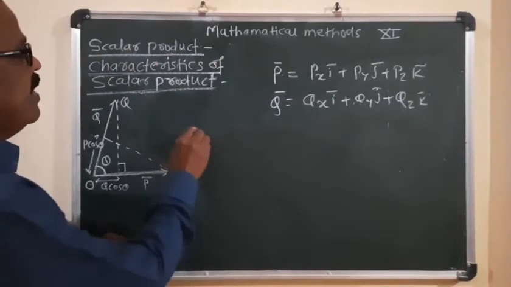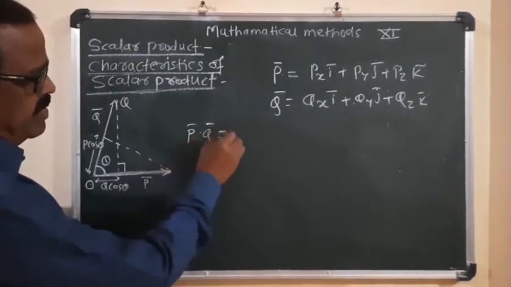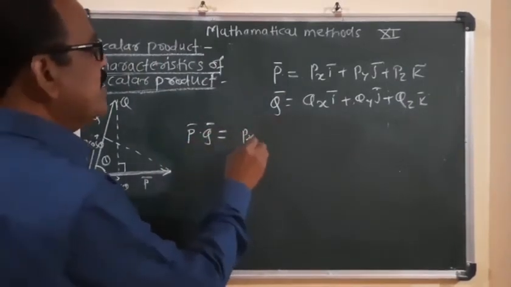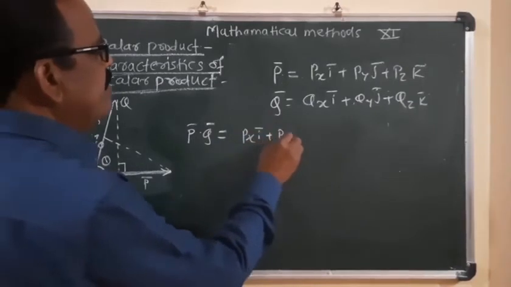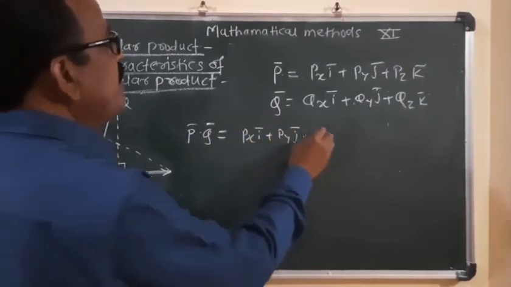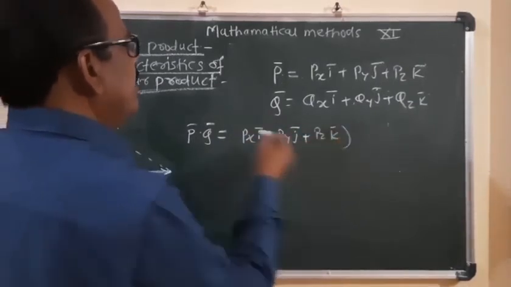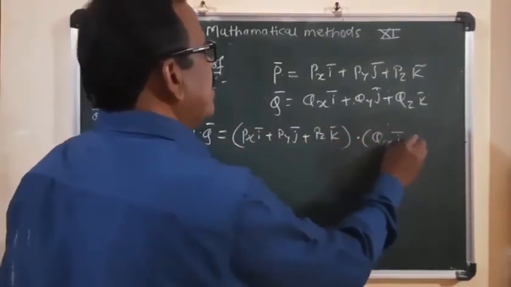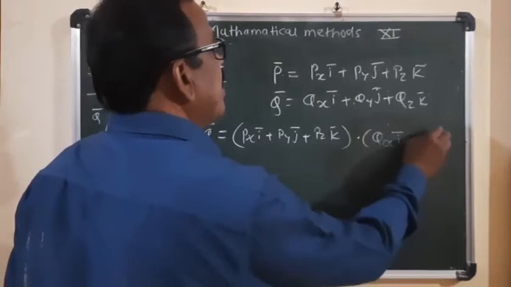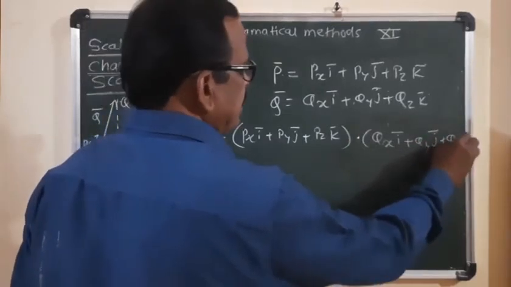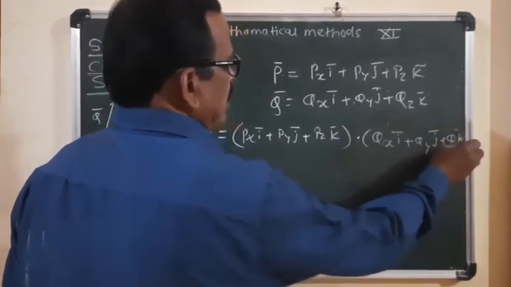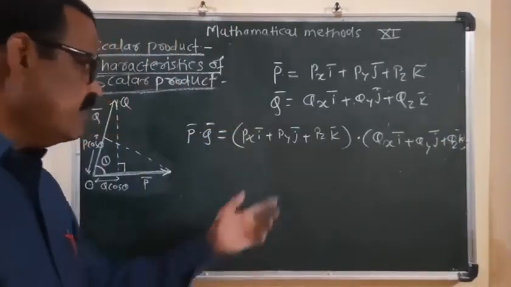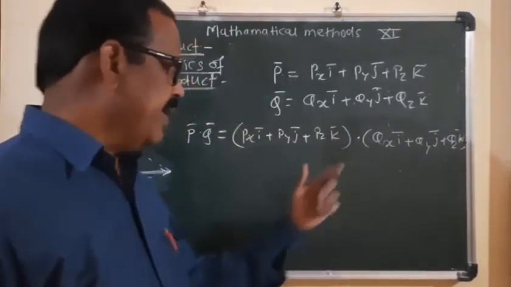Therefore, P bar dot Q bar is equal to Px I bar plus Py J bar plus Pz K bar, dot, Qx I bar plus Qy J bar plus Qz K bar. Here we take the product of two brackets.